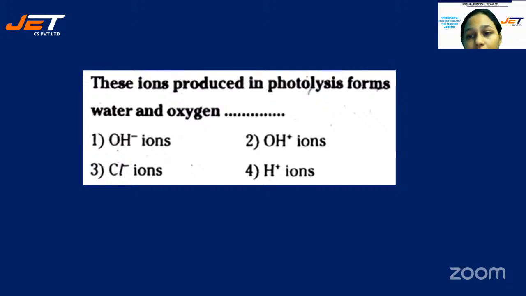You have to tell which ions produced in photolysis form water and oxygen. Quick, students, you all are doing great. I want an answer for this question as well. Let me see how many of you are answering correctly.